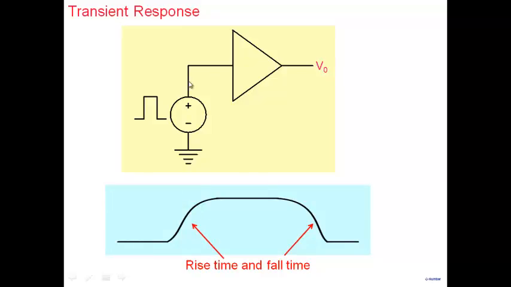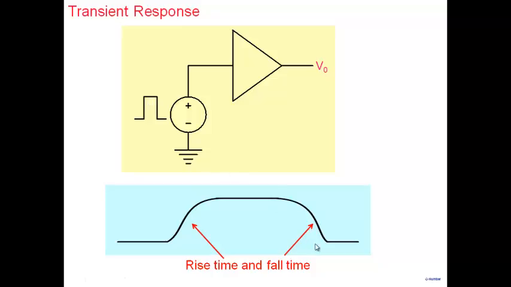Let's suppose the phase difference between the input and the output is 0, so the output is supposed to be an amplified version of the input. But the output does not rise to its final value instantaneously. It takes time. And similarly, when you remove the input, the output does not fall back to 0 instantaneously.